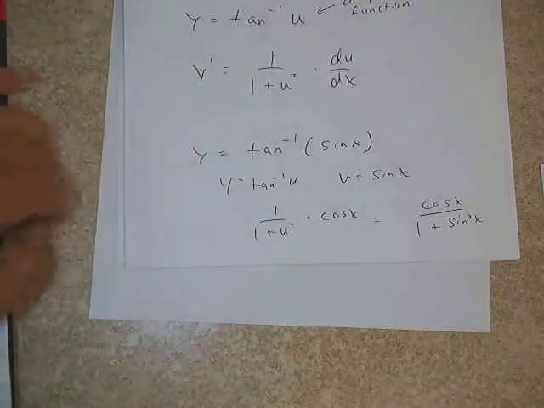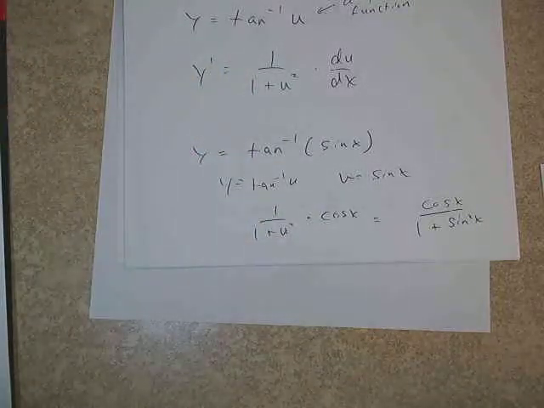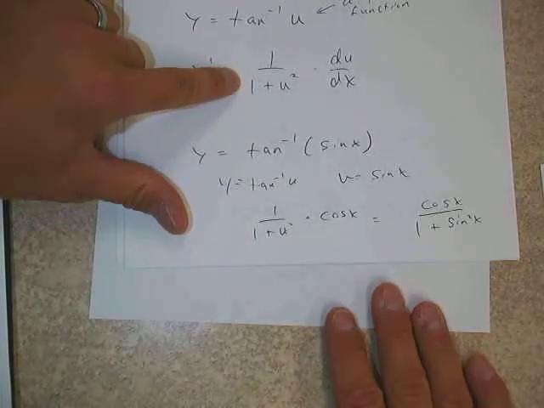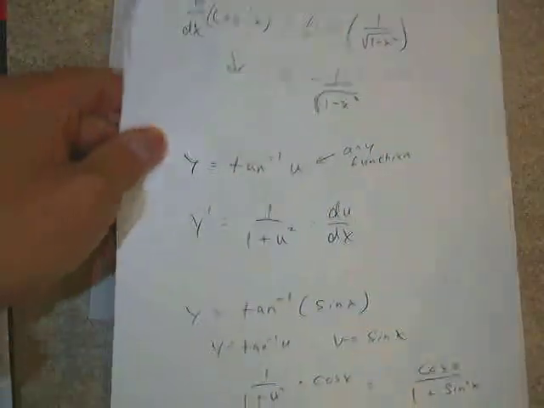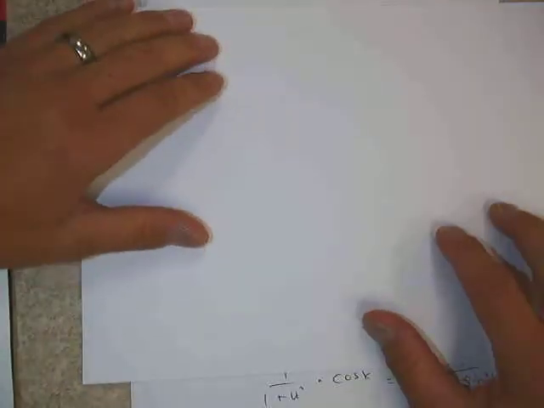If we do that, we get cosine x on top, 1 plus sine x all squared, which we can write as sine squared x. The chain rule part of this is applied the same way that we've been applying it with the other functions we've learned about. But the key is we just need to make sure we know what the correct rule is for each of these trig functions.